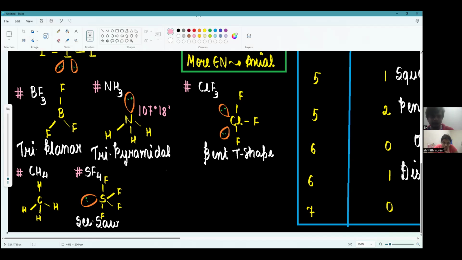ओके, एंड अब 4-2 वाला भी बताना है मुझे. So XeF4. So it looks somewhat like this. See, there will be 4 fluorines over here. And then there will be 2 lone pairs.